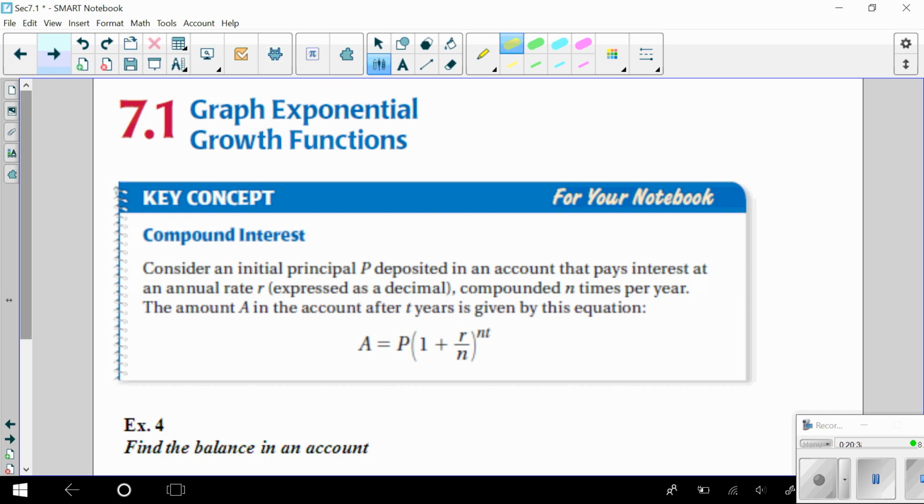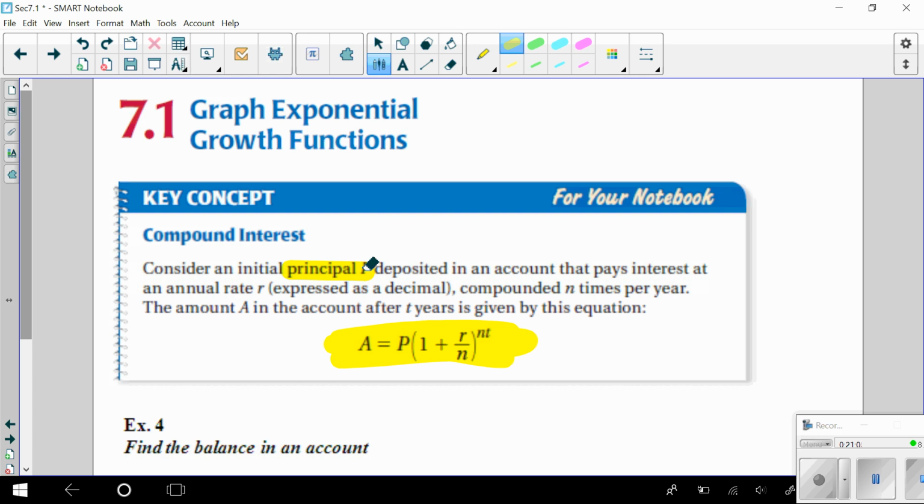All right, and then our last example is about compounding interest. So you may have seen this interest formula before. A equals P times 1 plus R over N to the NT power. So P is going to be the principal amount deposited, so that's what you started with. That's similar to your initial quantity in the last formula.